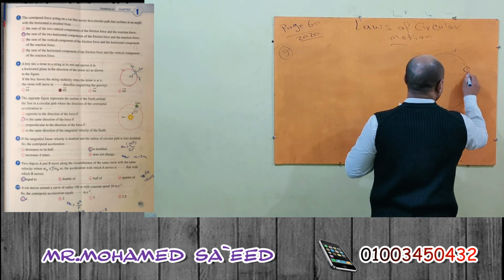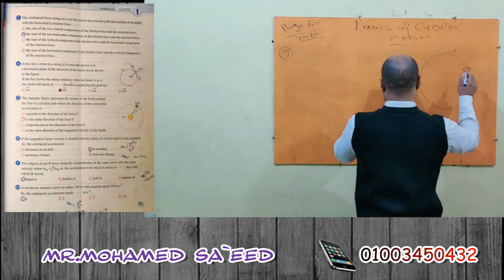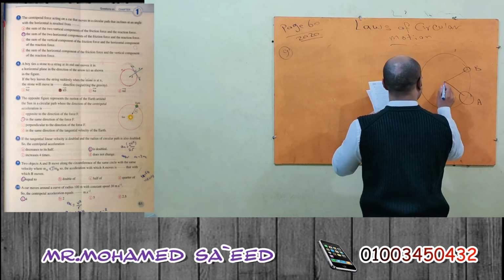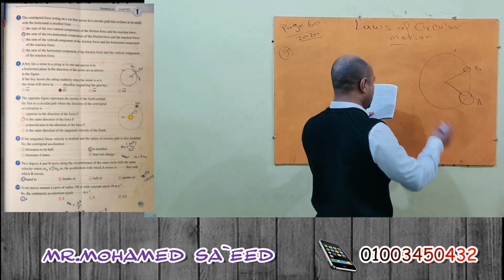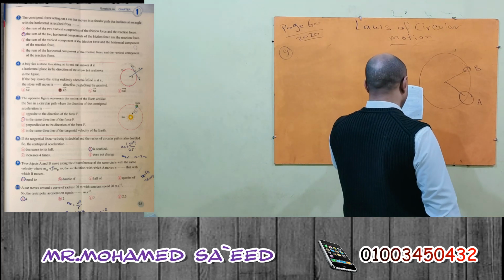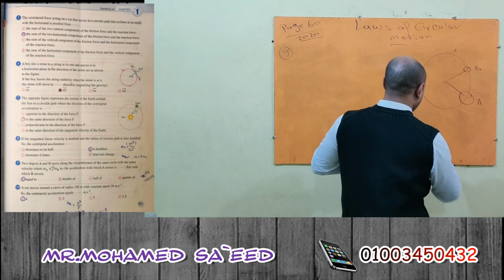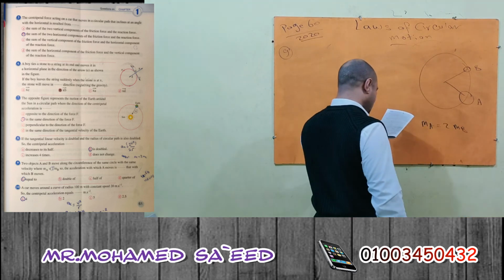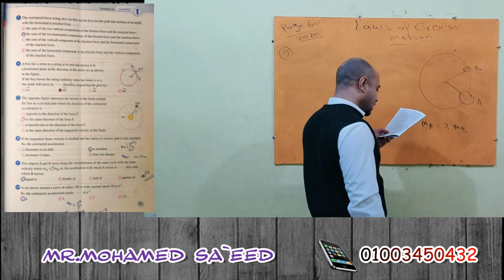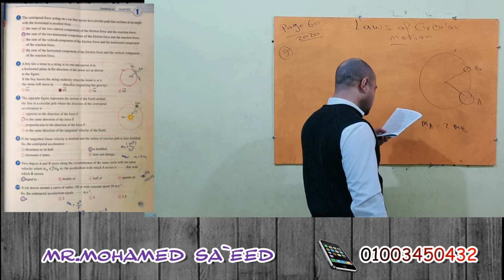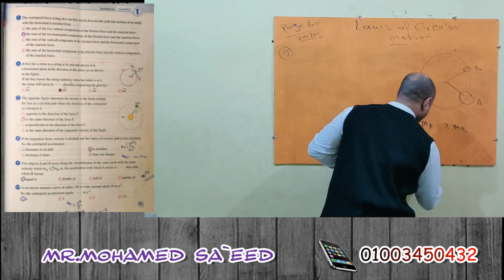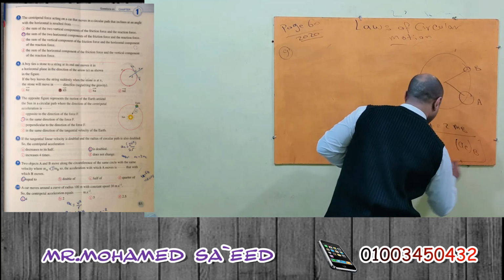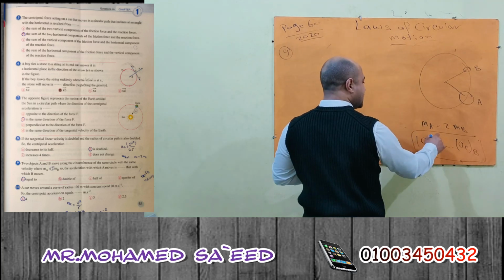Both of them move in the same circular path. So the acceleration with which A moves is greater than, less than, or equal to the acceleration with which B moves? AC of object A and AC of object B.